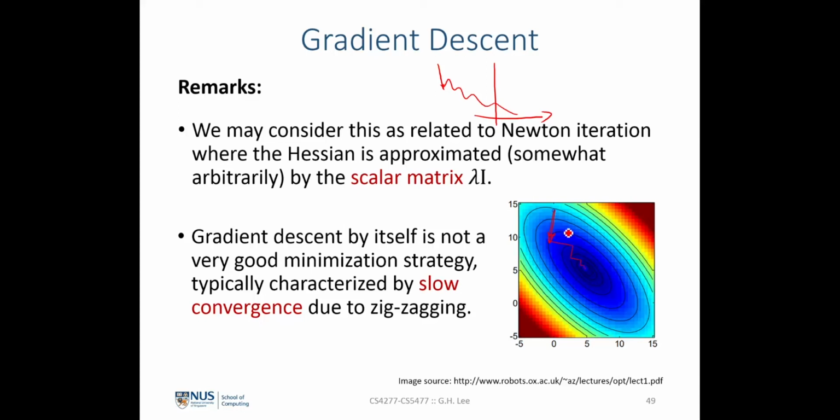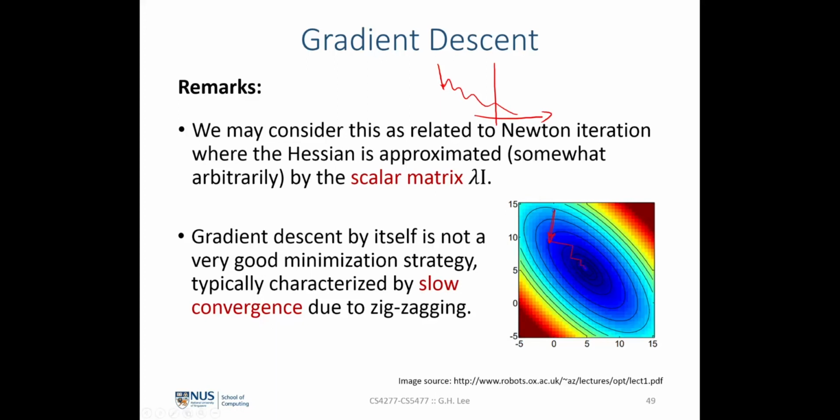And this means that it's going to lead to slow convergence. But in comparison to the Gauss-Newton or the Newton technique, gradient descent still can work reasonably well when it is far away from the local minima.